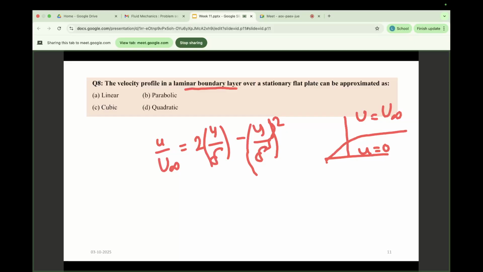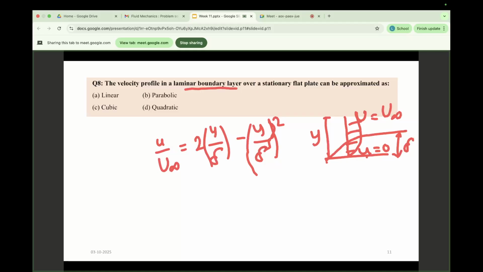So that is our boundary layer, like this way, right? So here this delta is this one, and y means this one.